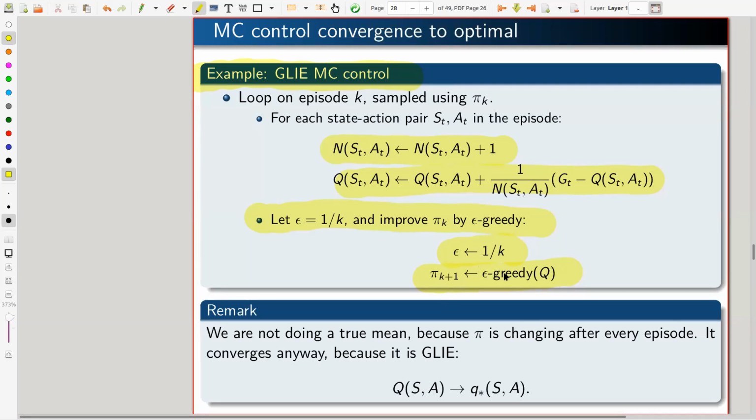It's the epsilon greedy policy with respect to the estimate of the Q value up to now. So the next episode will be done with a different policy. So I'm not really evaluating the value of one single policy. And this is the meaning of this sentence. We are not doing a true mean because the policy is changing.